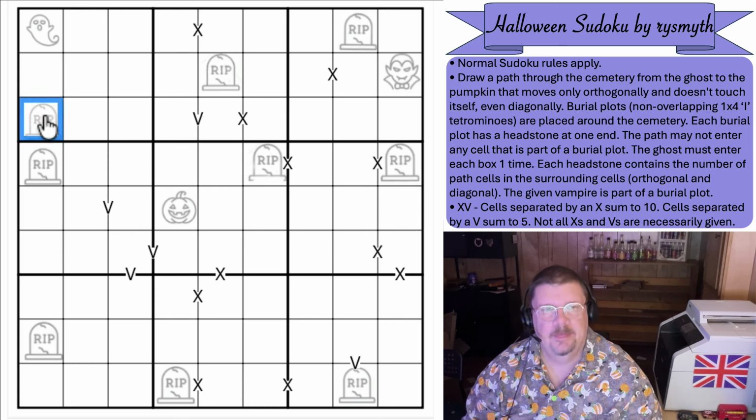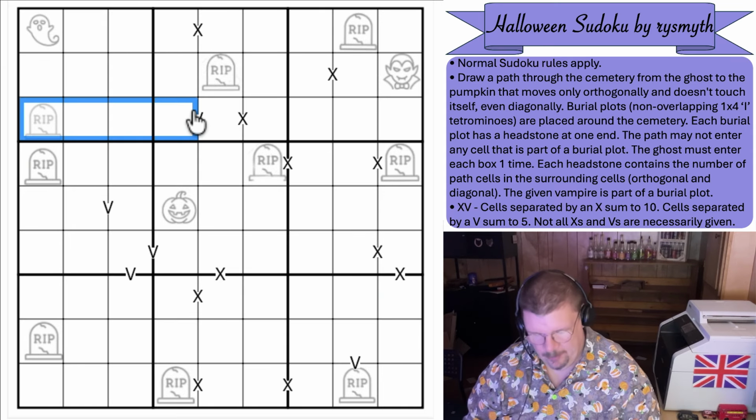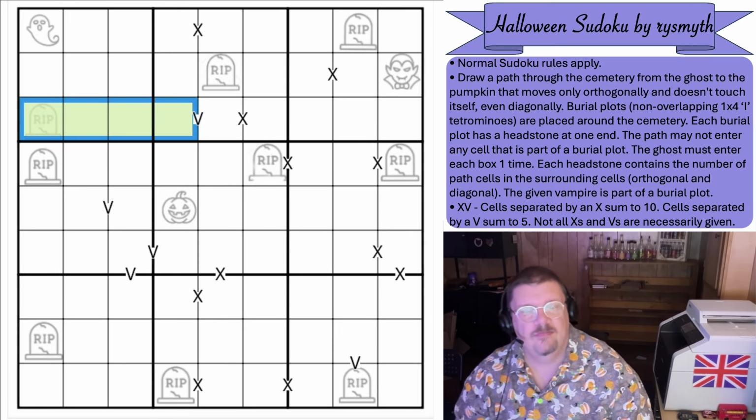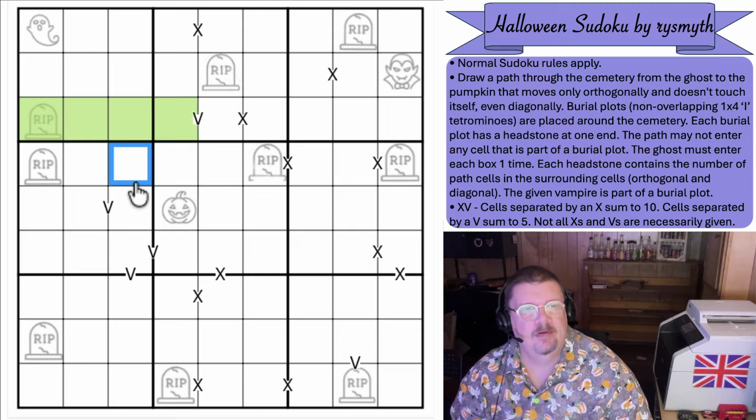Okay. This has a burial plot that this is at one end of. It can't go up. They're non-overlapping, so I can't go down here. So this has to go that way. And I'm going to use green as my burial plots.